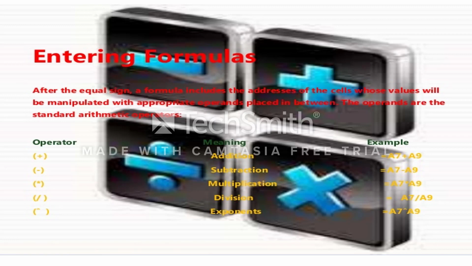How do we enter formulas? After the equal sign, the formula includes the addresses of the cells whose values will be manipulated, with appropriate operators. The operators are placed between the operands.